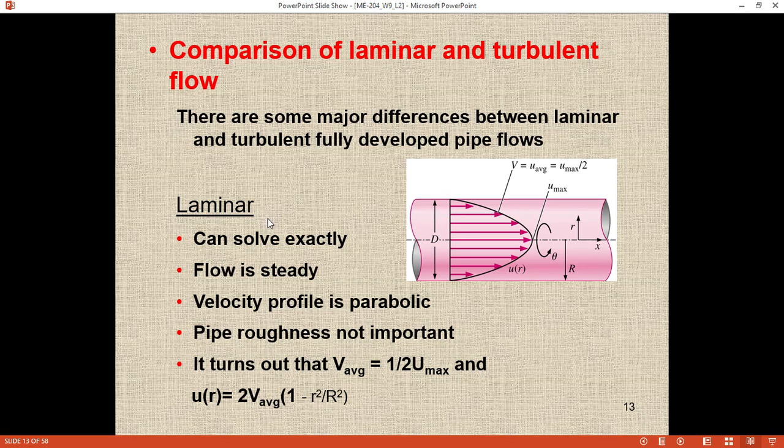Laminar flow in the fully developed region can be solved exactly. Whatever the problem is, we can get an exact solution, or we can solve it very easily, and we have equations available to handle such cases.